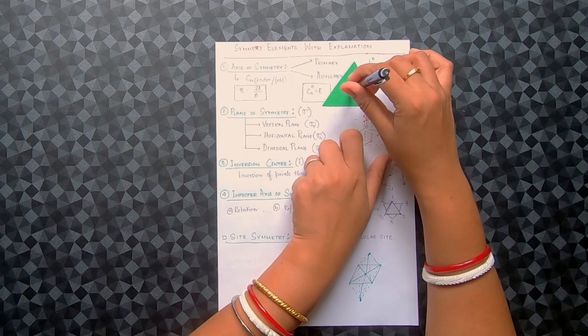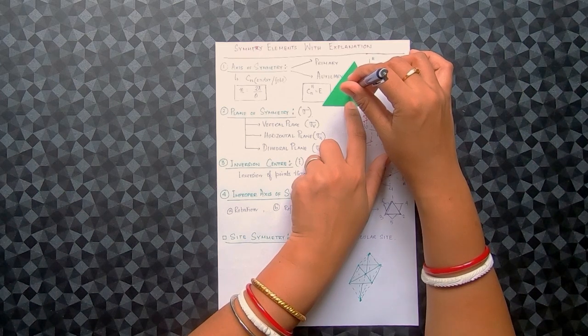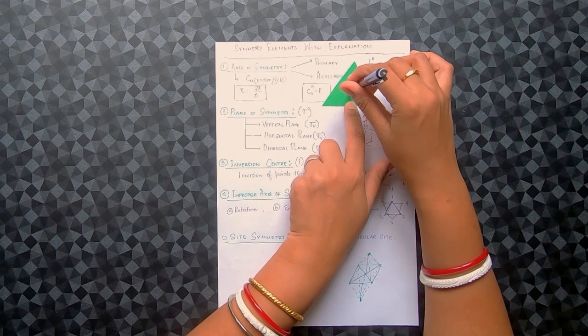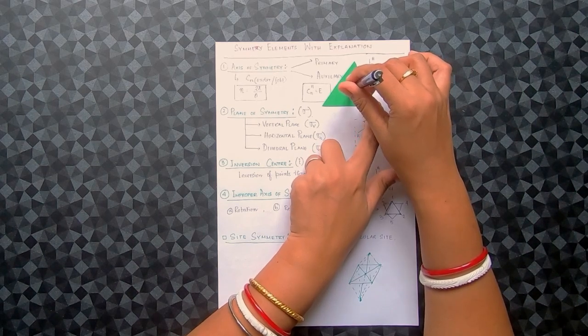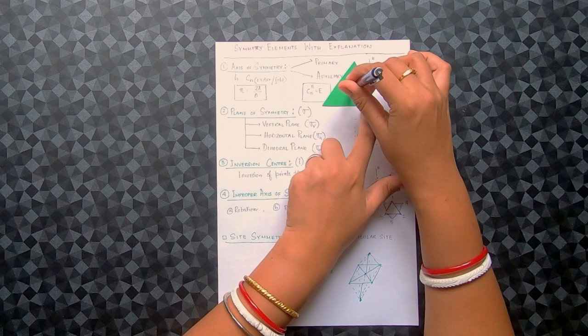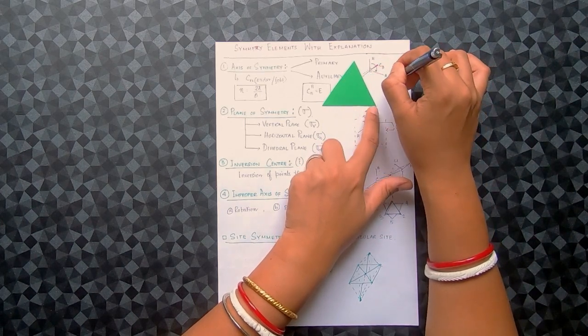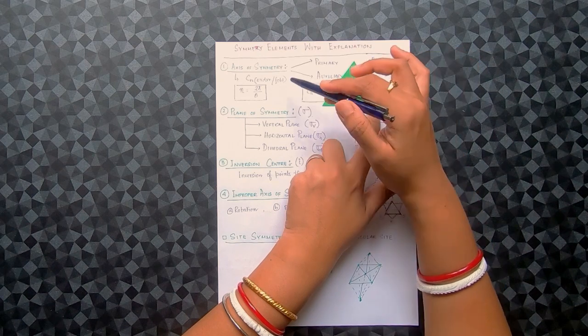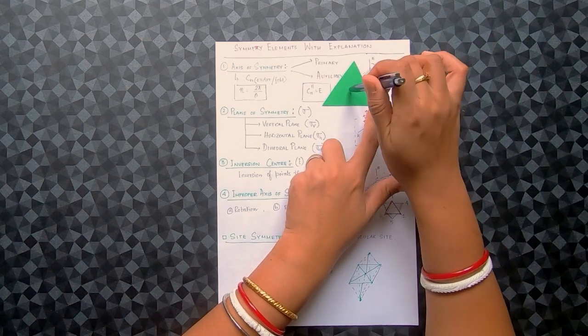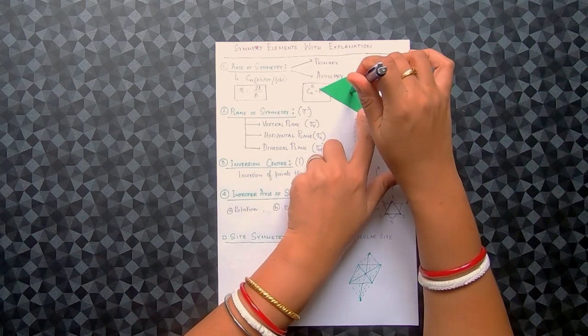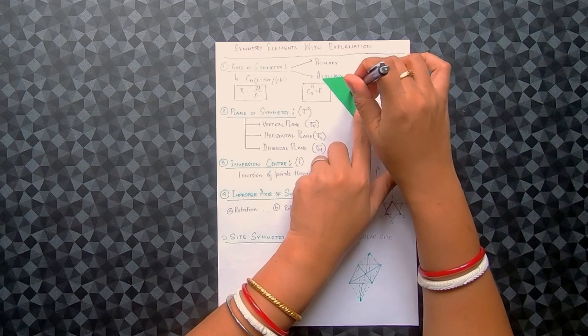That means Cn is 2 pi by theta. That means 2 pi means 2 into 180 degree, 360 degree by 120 degree, because the rotation is 120 degree for a trigonal planar case, and we are going to get n equals 3. That means the axis of rotation is C3.